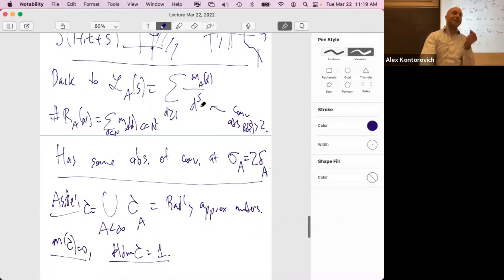It's the smallest value for which, when you cover your set by balls of certain radii, the sum of the radii to that power converges. It's very similar to this abscissa definition. It's almost definitionally the abscissa, and then there's some factor that goes between.